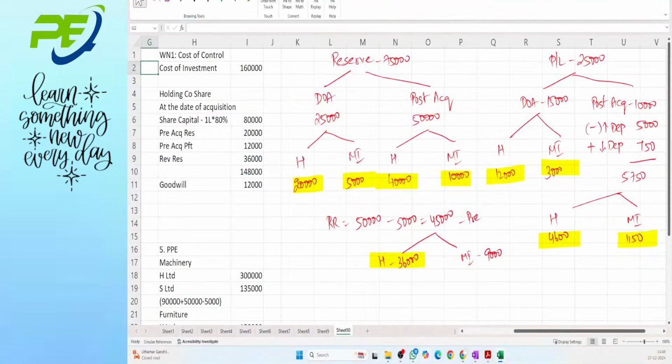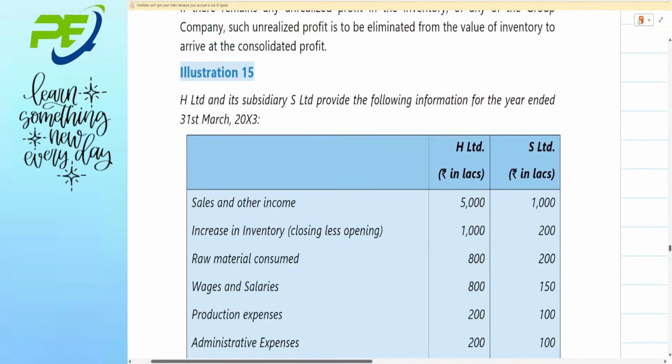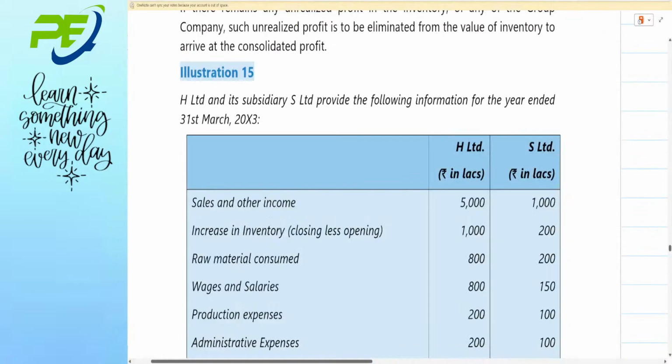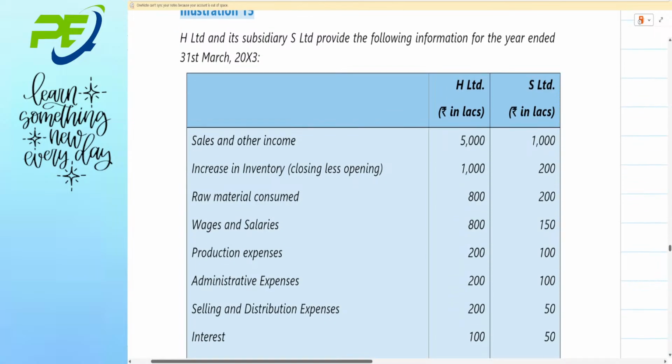Okay, so now let's begin illustration number 15. So H Limited and S Limited sales and other income they have given together. So this will be put in revenue from operation or the other income. Total revenue.